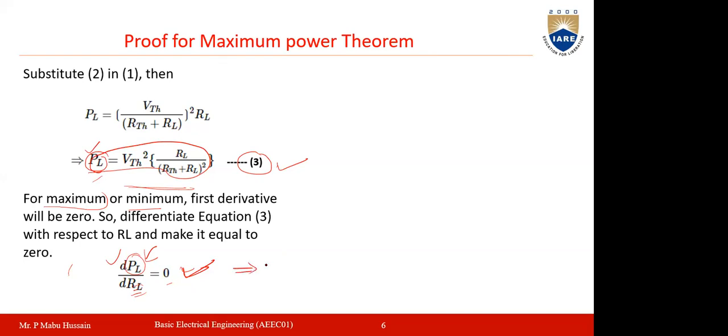So this can be written as d by dRL of V Thevenin square multiplied by RL by R Thevenin plus RL whole square. Now it will be equated to 0.